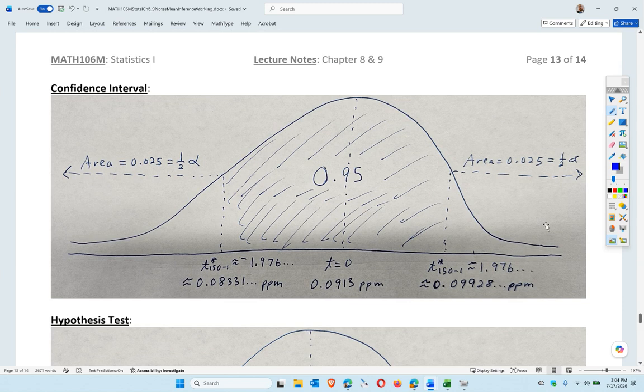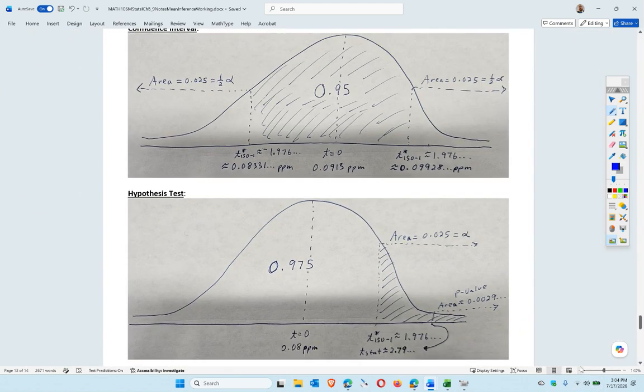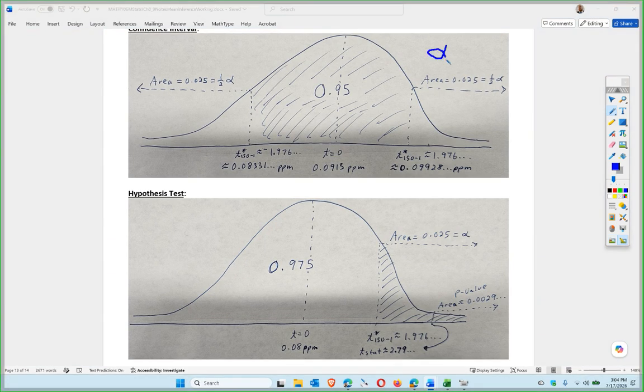There we go. Confidence interval: the alpha for a 95% confidence interval is 0.05, which means 2.5% either way here. So t equals 0 is our sample, and our confidence interval lines at these t-values that we found are here, which is plus or minus that value essentially.